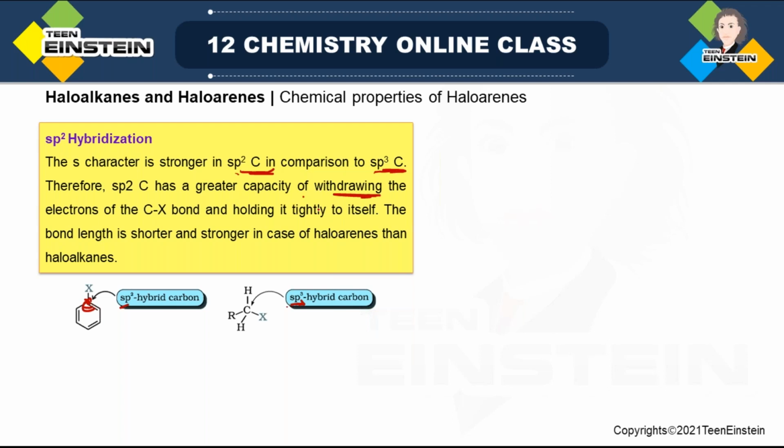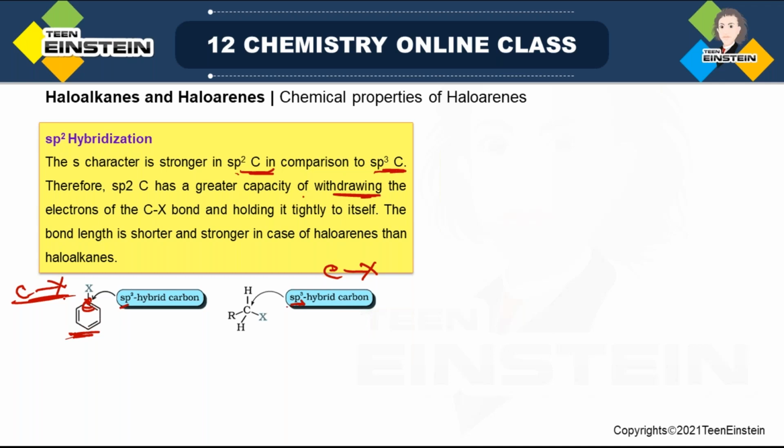Because of this greater capacity of withdrawing the electrons in the C-X bond, it will hold the electrons tightly. So breaking of this carbon halogen bond is difficult, and the bond length will also be shorter because there is some pulling effect. So comparing the bond length in aromatic halide and in aliphatic halide, in the first case the bond length will be less, and when bond length is less, that means it is stronger.